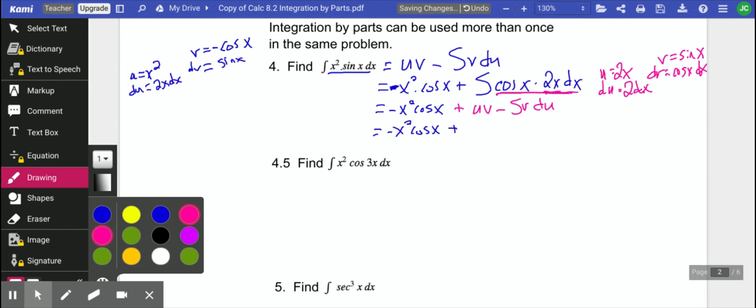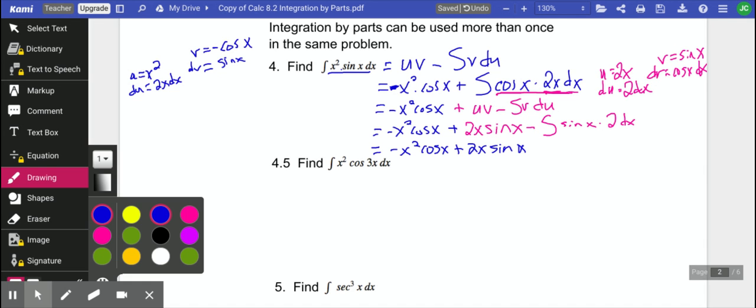And then we have this uv, so u is 2x, v is sine x, minus integral of v, which is sine x, du, which is 2 dx. All right, so negative x squared cosine x plus 2x sine x, that's all fine.